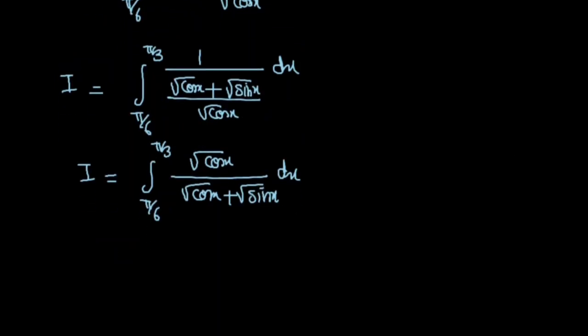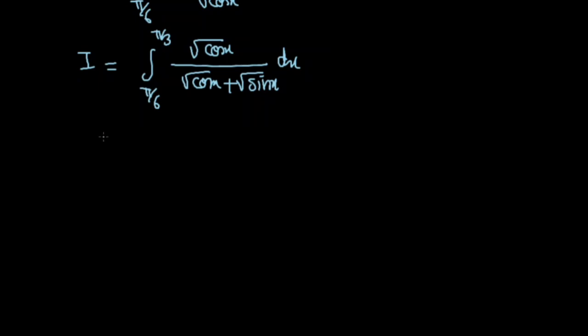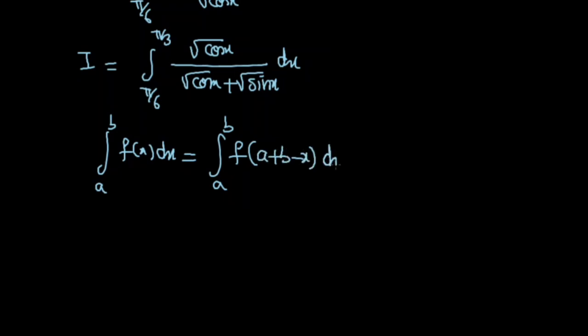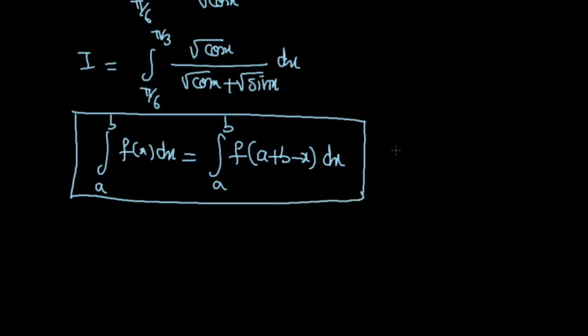Now we have to apply the property here, okay? What is the property? a to b f of x dx is equal to a to b f of, in the place of x, we have to replace a plus b minus x dx, okay? So this is the property. Here x is changing to a plus b minus x.